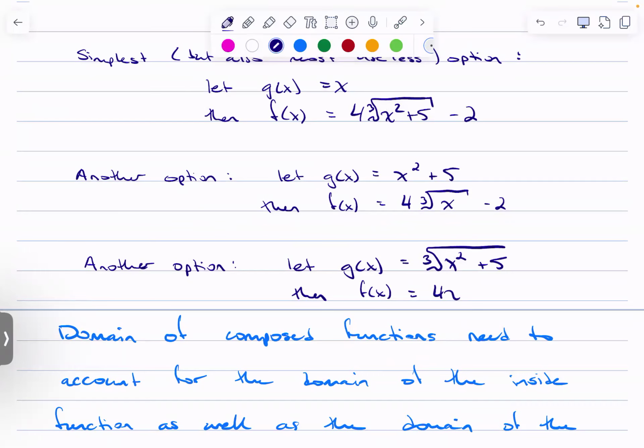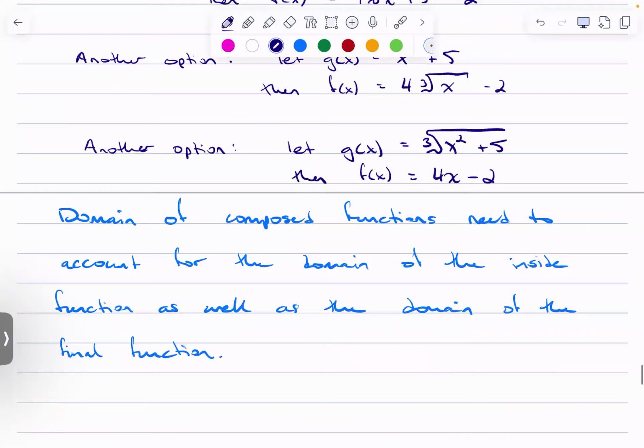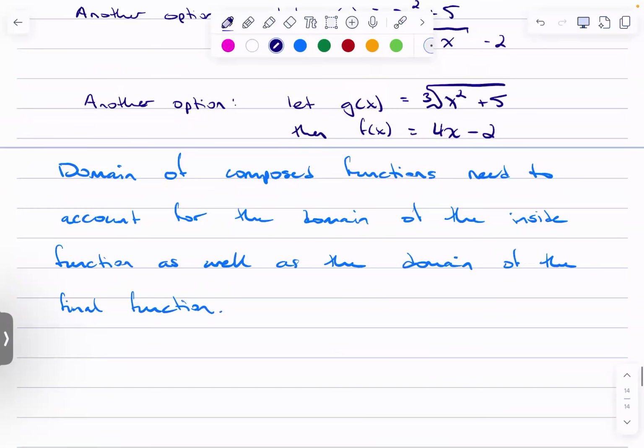Now they're kind of even in terms of complexity, in my opinion. But lots of different options. But being able to look at a big function and break it down into a composition of smaller functions is pretty useful. The spacing got all weird.